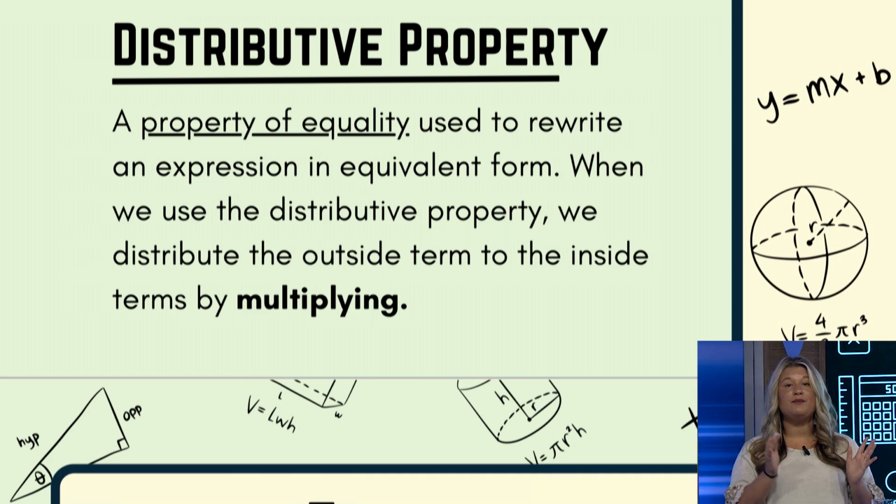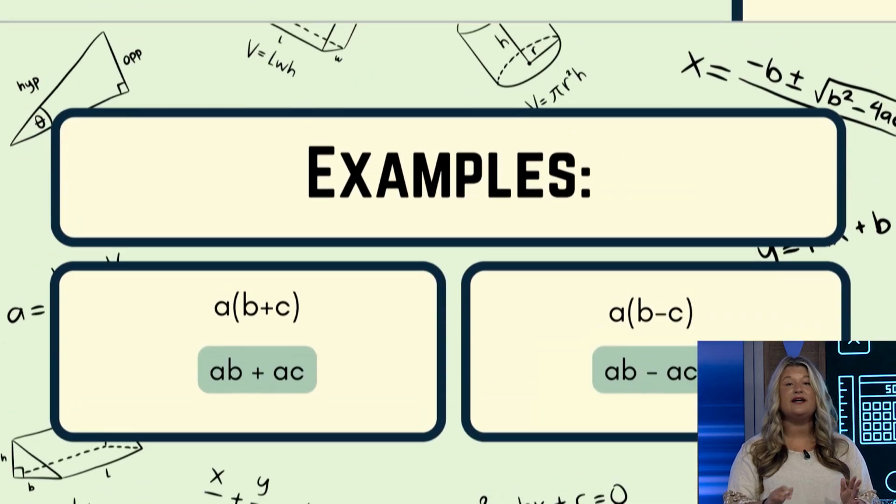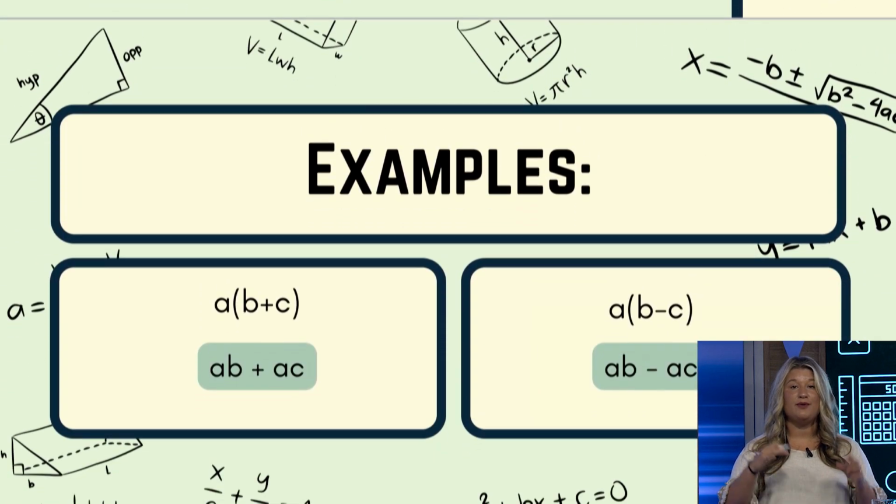So we multiply every time we distribute. So usually there's a term on the outside, and we're multiplying by both the terms inside the parentheses.